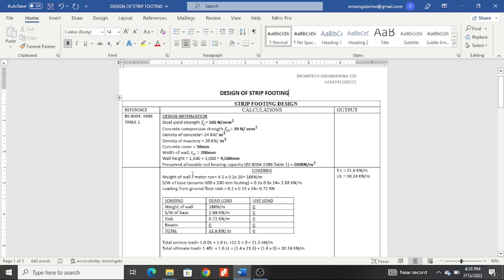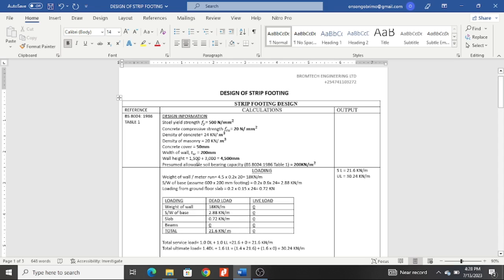And then the density of masonry varies. You could be having light masonry, dense masonry, and all this depends on the stones or the bricks you're using for your construction. In this case, we normally use some stones we call Ndarugo stones. I'm talking about Nairobi, Kenya.